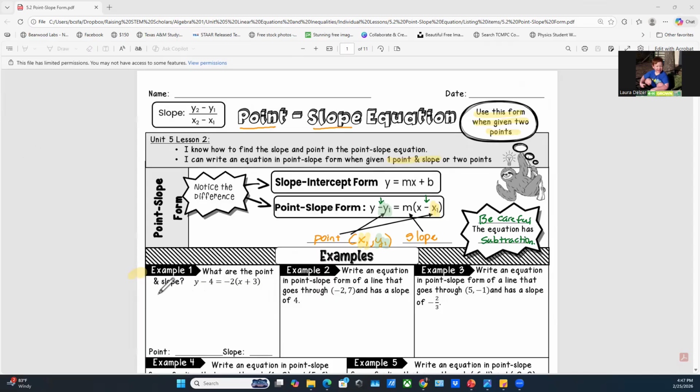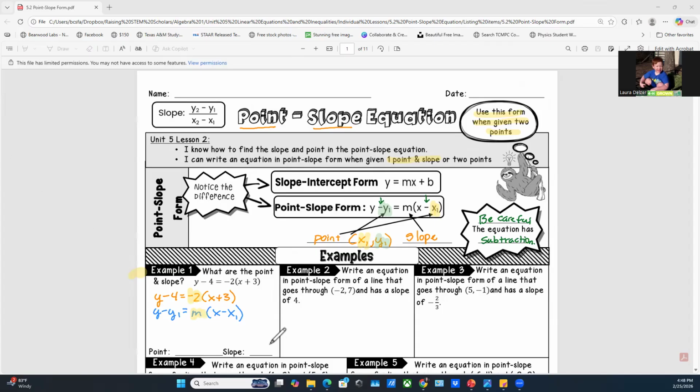If I write y minus 4 equals negative 2 times x plus 3, and I write my point slope form equation, y minus y1 equals m times x minus x1, it is very easy to see that the number in the m spot, that negative 2, is our slope. So we got that first part easy.